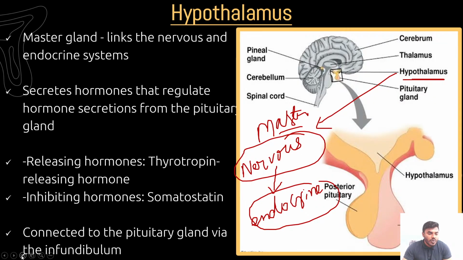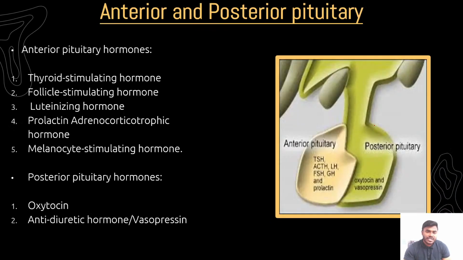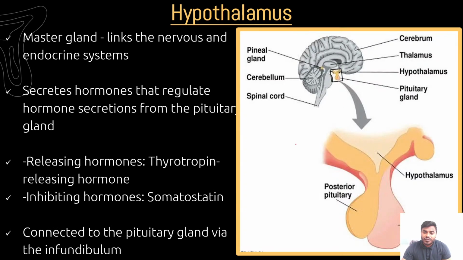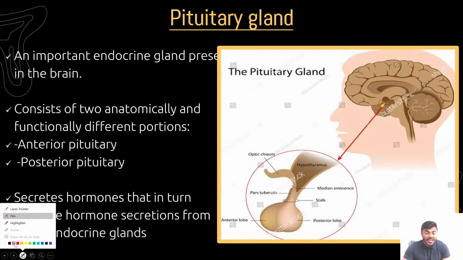We all know very well, among all, the most important gland. What is that, friends? Pituitary gland. We know that very well. Friends, if you look into the pituitary gland, all the students please listen, focus correctly.